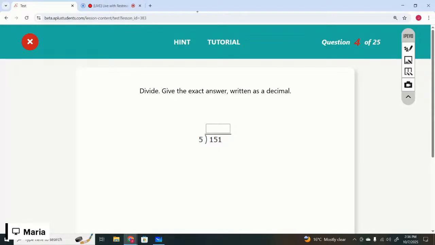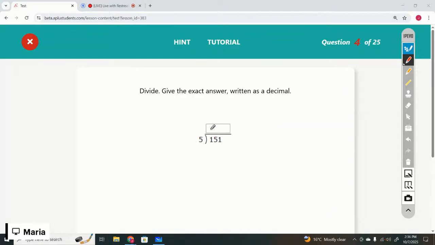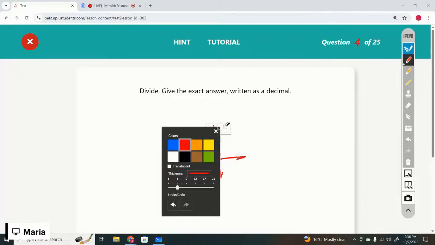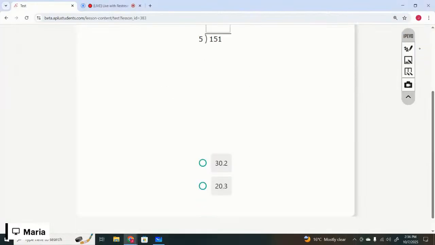151 divided by 5. So you can count 5 until 15. 5 times 3 is 15. Now bring 1 down. Put a decimal point over here. You need to add a 0 because you cannot divide 1, so in the same step you are bringing another digit down. That is 30.2.